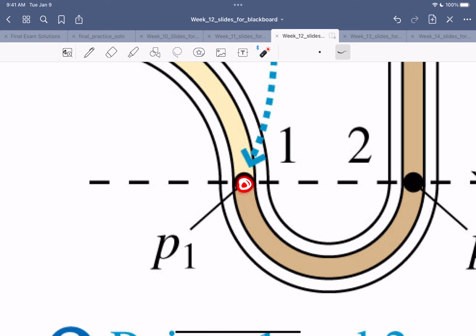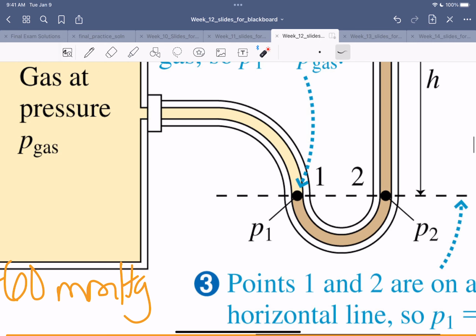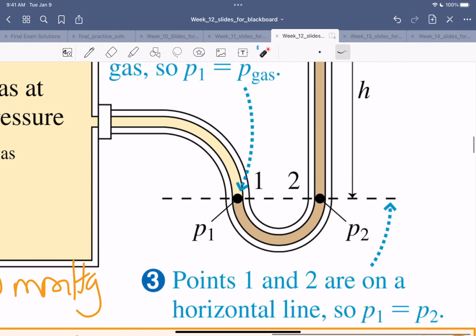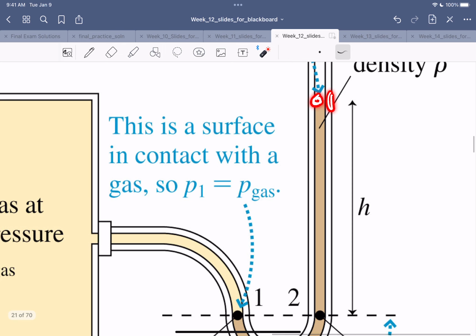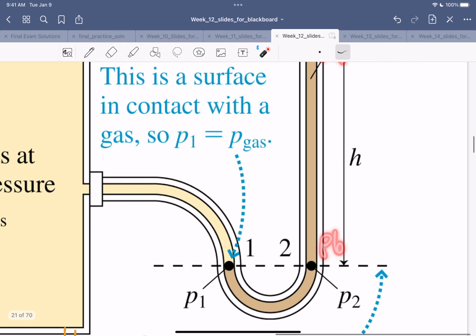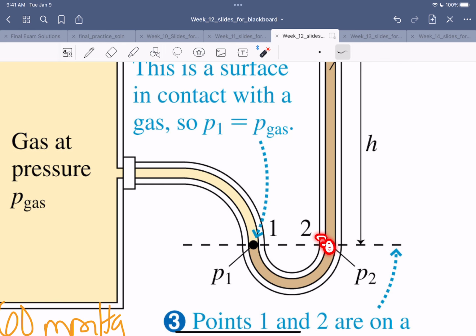Realize though that the pressure at point 1 will be the pressure of the fluid at that height as well as the pressure of the gas at that same height. At this interface, the pressure of the gas and the pressure of the fluid should be the same, right? So if you start at pressure A, this is pressure B. If I figure out what P2 is, because they're at the same height, P2 should equal P1.